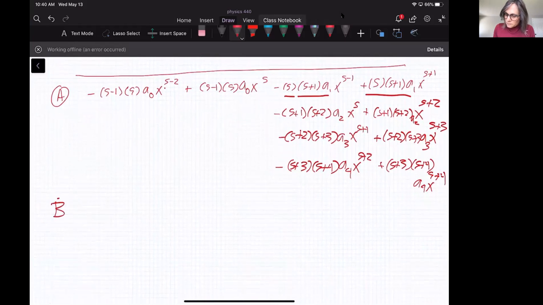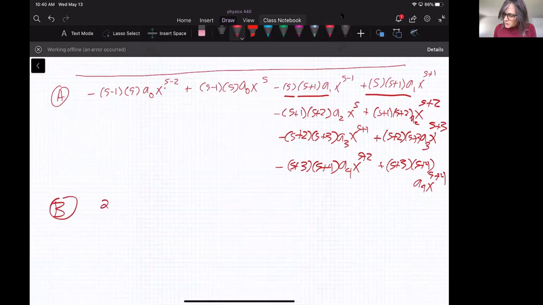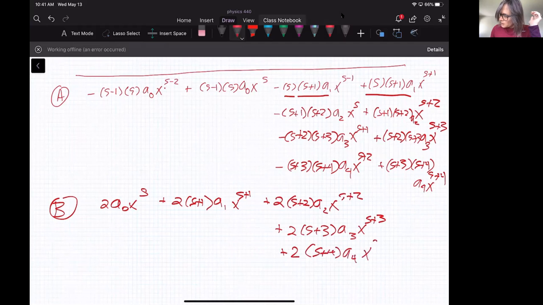For B, it's a little less messy. It's 2 times a naught times x to the s, plus 2 times s plus 1 times a1 x to the s plus 1, plus 2 times s plus 2, a sub 2 times x to the s plus 2, plus 2 times s plus 3 times a sub 3 x to the s plus 3, plus 2 times s plus 4, a sub 4 x to the s plus 4.